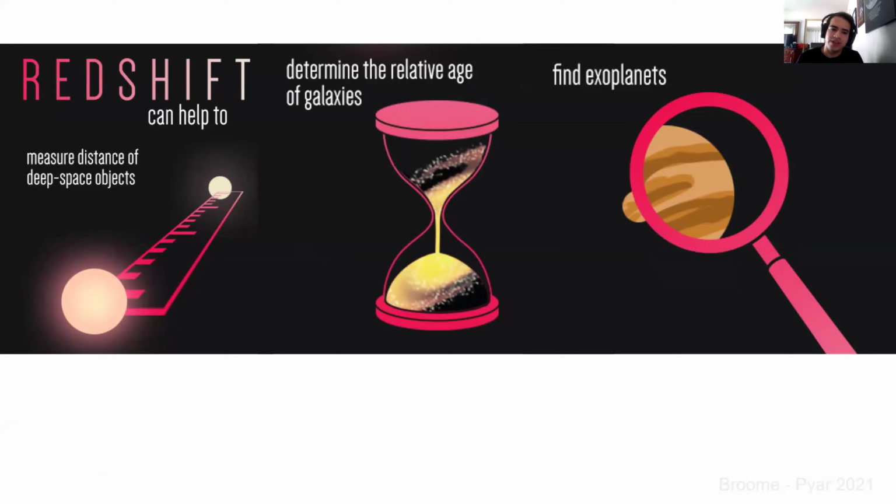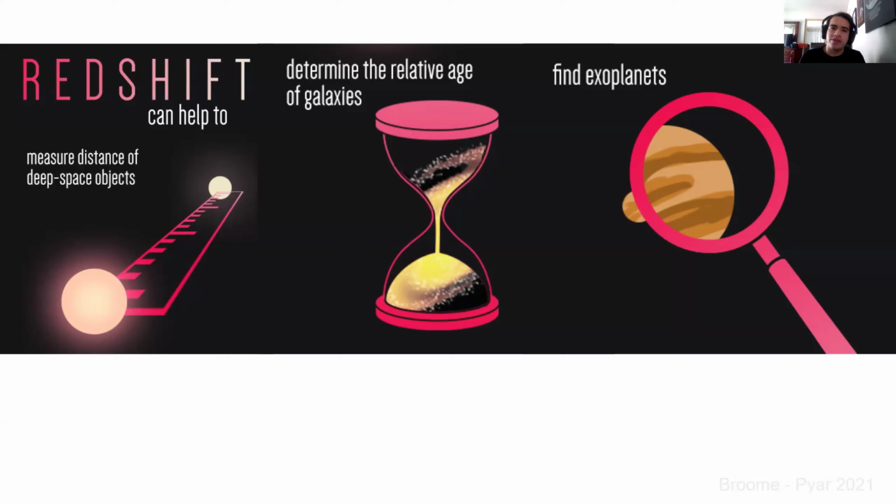And the redshift that we see tells us how much further out it might be, because the light might be a certain age, but that doesn't tell us where it is and where it's moving currently. And building on that, redshift itself helps determine the relative age of galaxies.